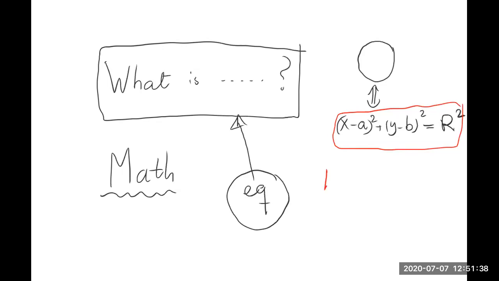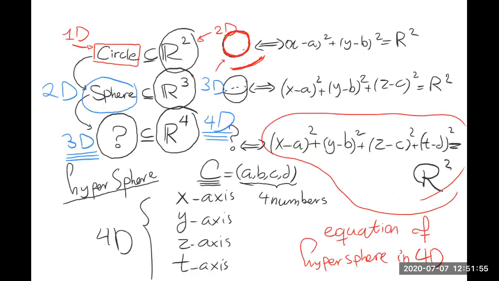Now about a hypersphere, which is something inside four-dimensional space, one answer would be that a hypersphere is the thing that this equation, which I showed you, describes, even if we can't see it.